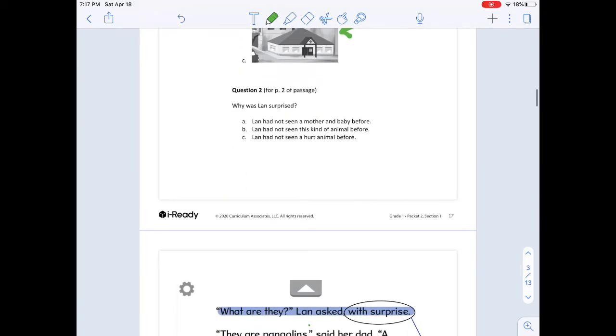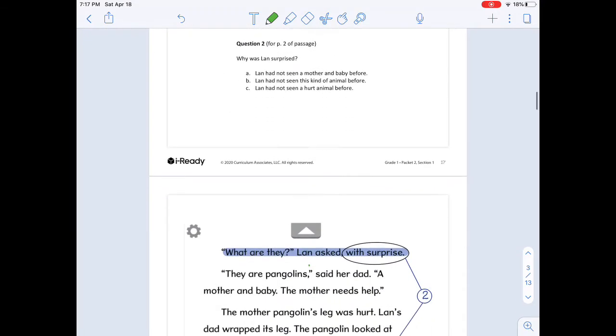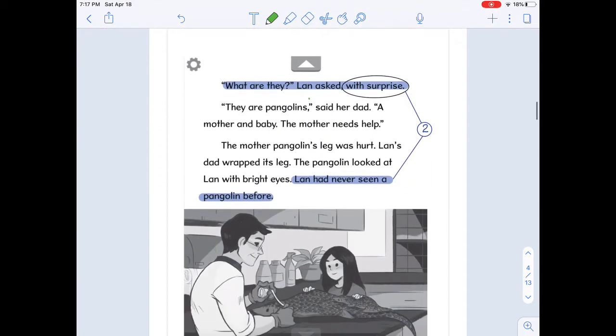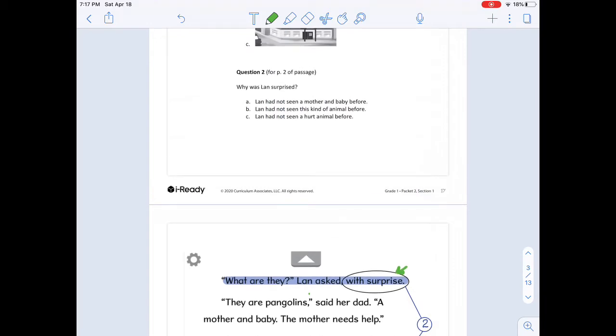Question number 2. Why was Lan surprised? Well, let's see if we can find it. There it is. "What are they?" Lan asked with surprise. That surprise there is really important, boys and girls, because that's what the question is asking.